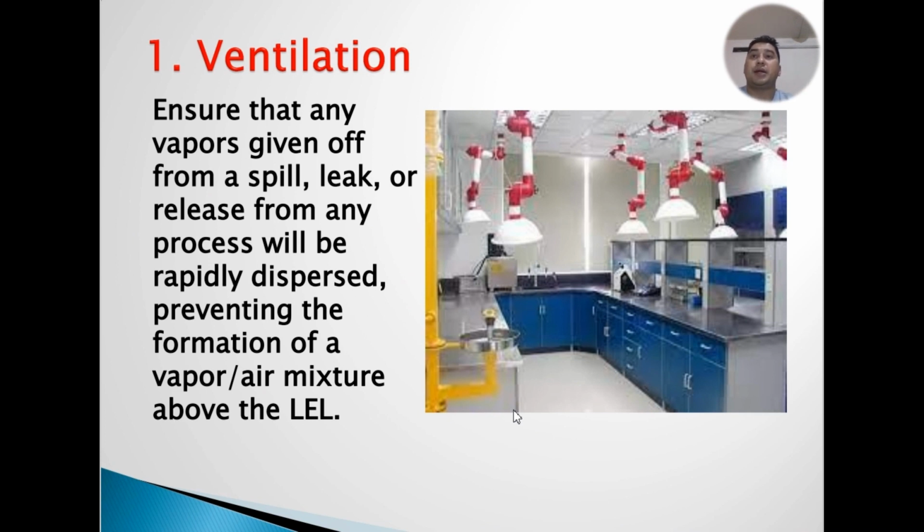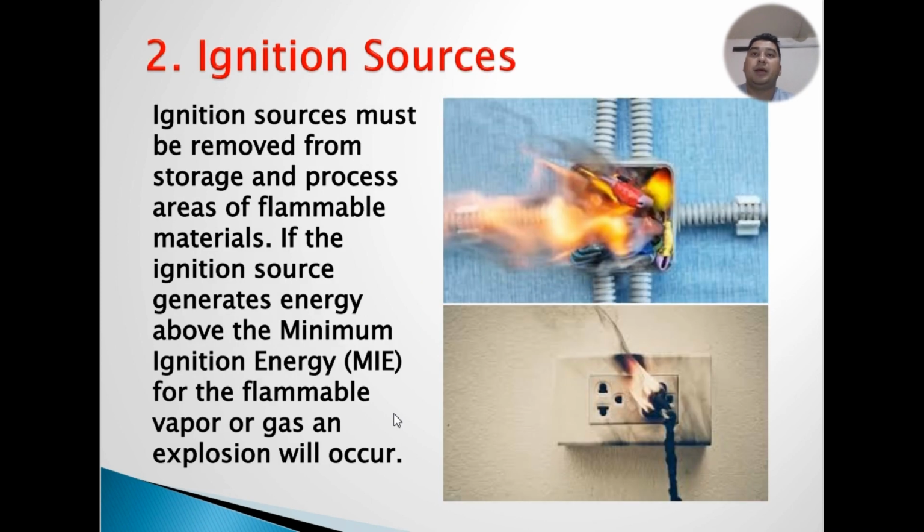Now, ventilation. Ensure that any vapors given off from a spill, leak, or release from any process will be rapidly dispersed, preventing the formation of a vapor air mixture above the lower explosive limit. So that we can achieve through ventilation. Ignition sources. Ignition sources must be removed from storage and process areas of flammable materials.